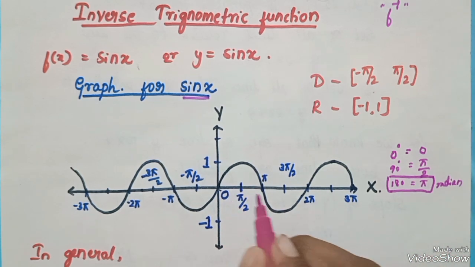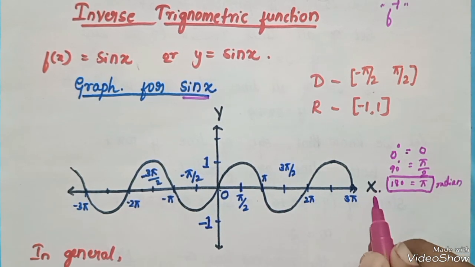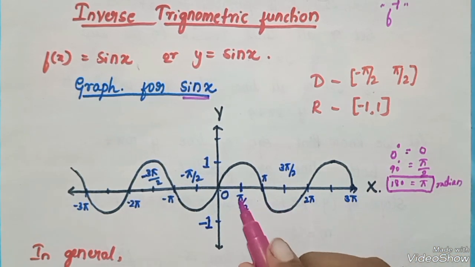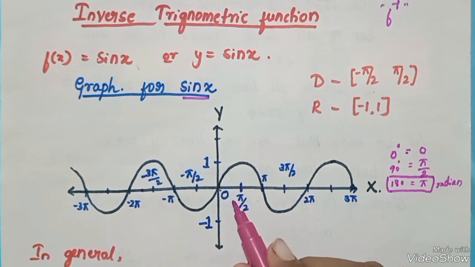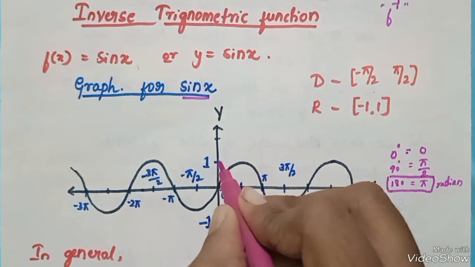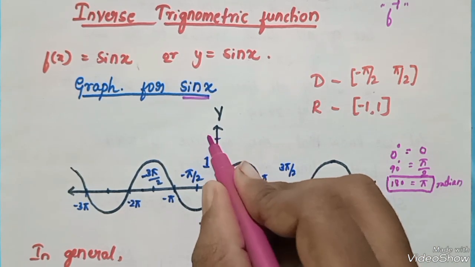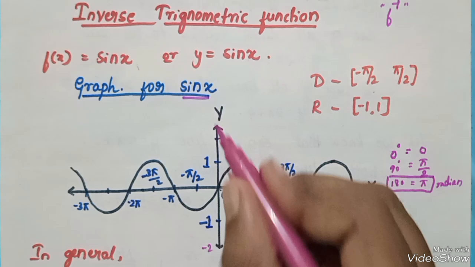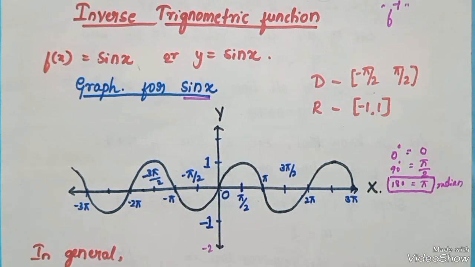That's why the x interval values are taken in radians. Again, y is taken as a real number: minus 1, minus 2 and so on, and plus 1, plus 2, plus 3 and so on upward.